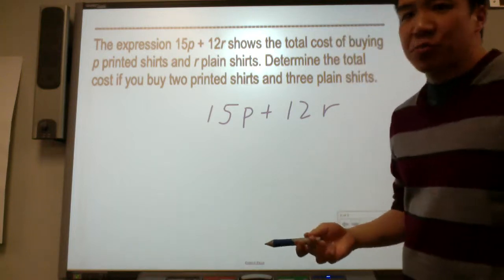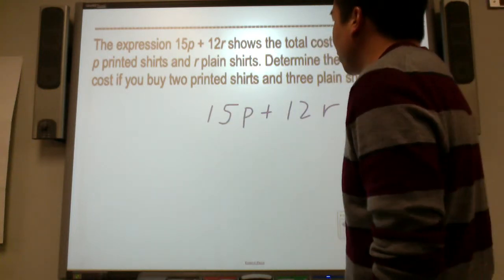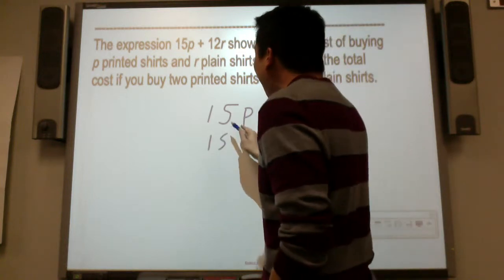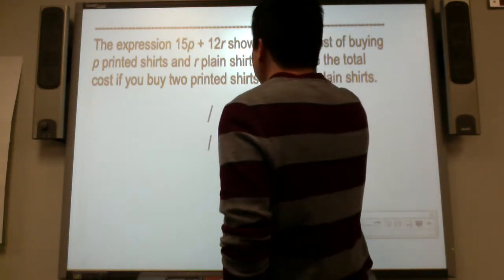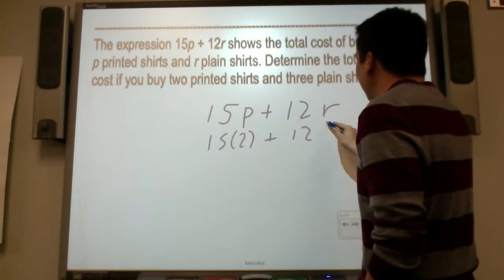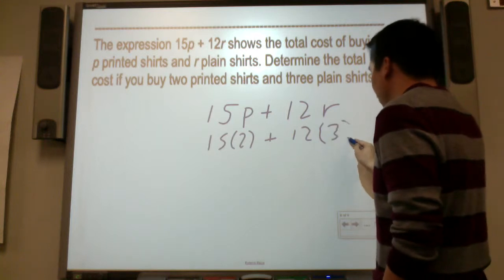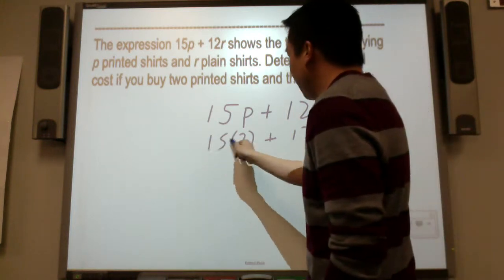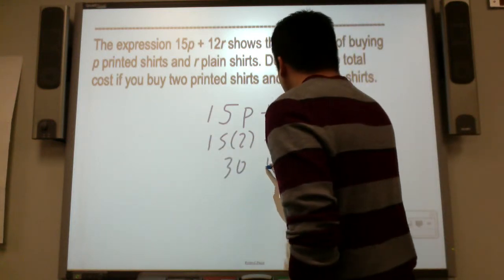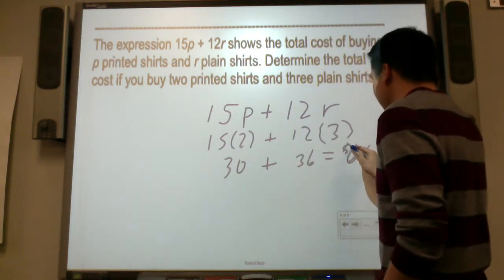Again, what's an algebraic expression? It has a variable, a number, and an operation. So we're going to evaluate or substitute the letter p with 2 printed shirts, and the letter r with 3 plain shirts. So what is the solution? 15 groups of 2 is 30. 12 groups of 3 is 36. It adds up to $66.